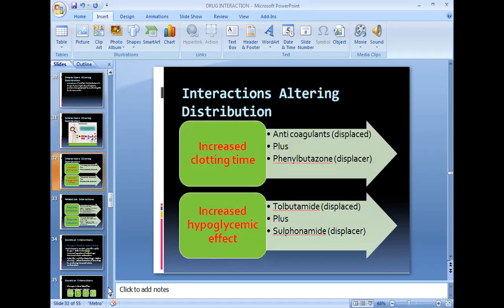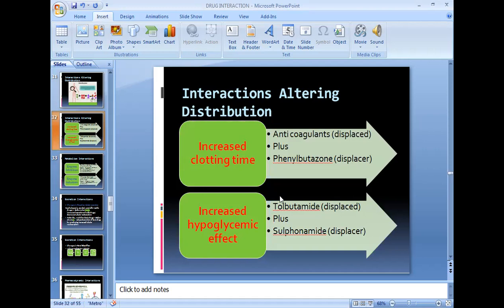Take a few examples. When an anticoagulant drug is taken with phenylbutazone, it displaces the anticoagulant from protein binding, and there will be free availability of the anticoagulant, which is responsible for increased clotting time, or the toxicity of the anticoagulant drug will be exhibited.